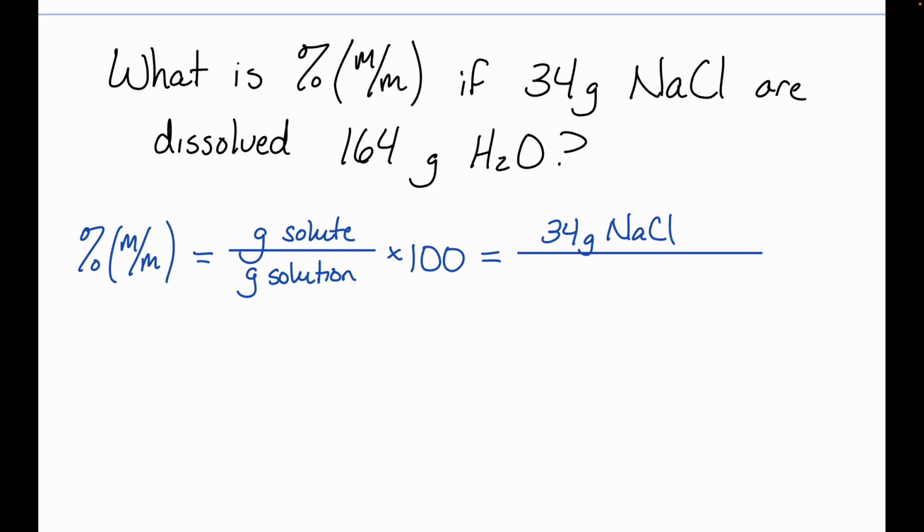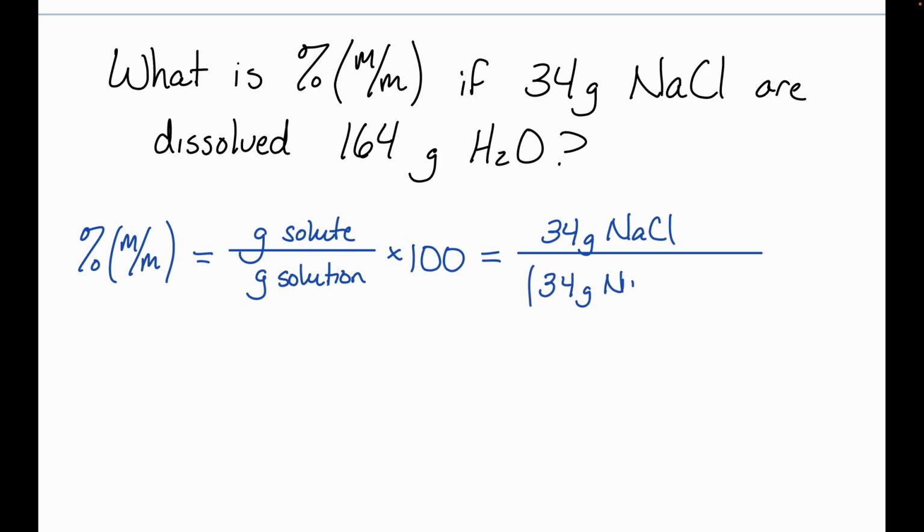All right. So my solute is that 34 grams of sodium chloride, but my denominator is grams of solution, and water is not the solution. The solution is when I mix the salt and the water together. So we have to do some math here. We got to take our 34 grams of the NaCl and add the 164 grams of H2O times 100.